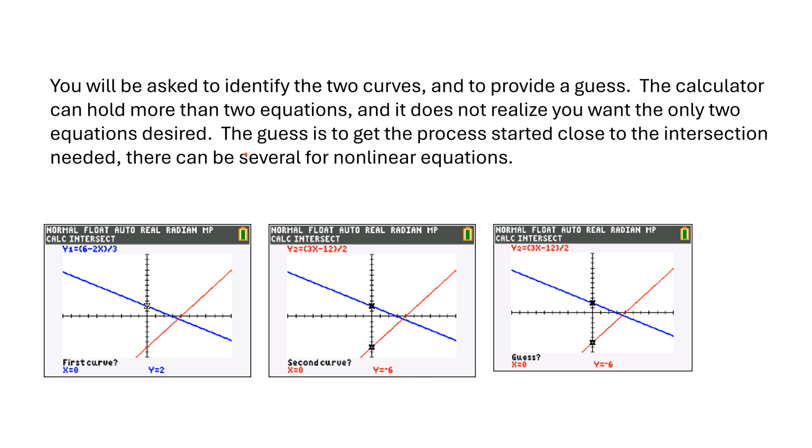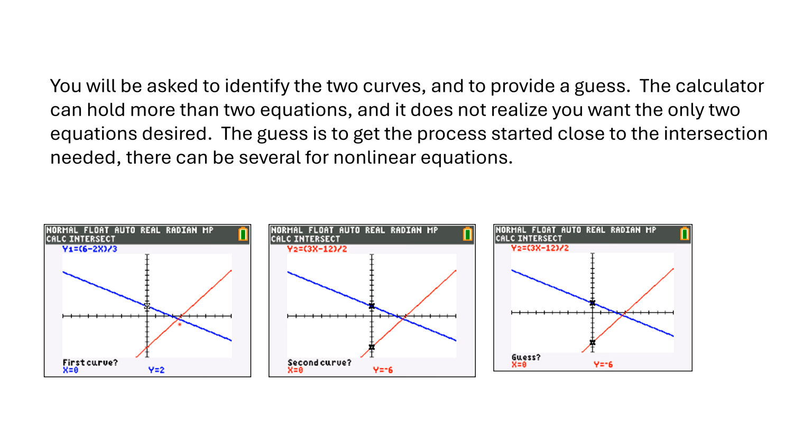So it does not really know that. You're going to have to tell it. Even when there's only two, you might say it should default to those two. No, it will not. The guess is to get the process started close to the intersection needed. There can be several intersections for a nonlinear equation.